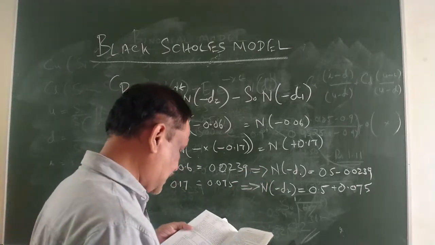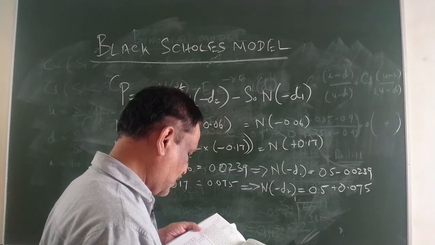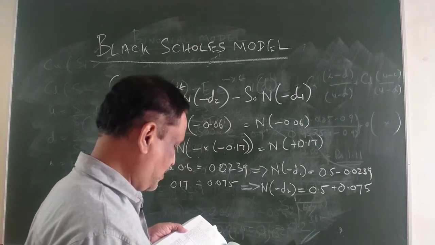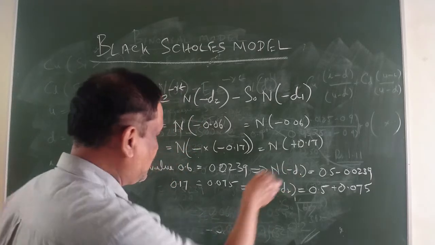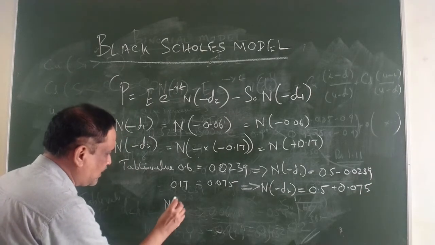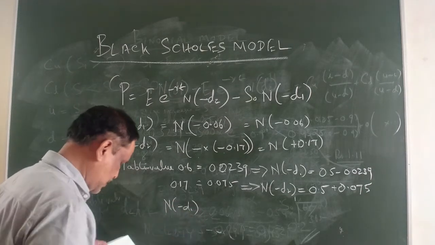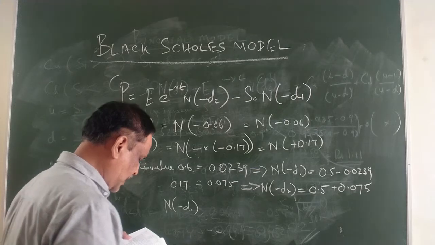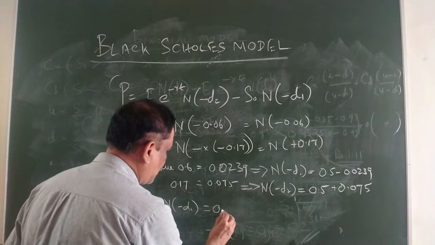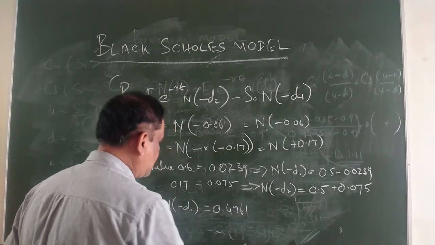So in this case, N of minus D1 will be 0.4761.